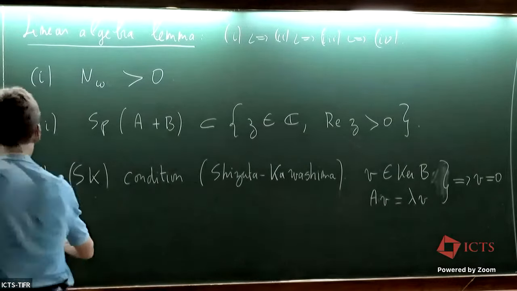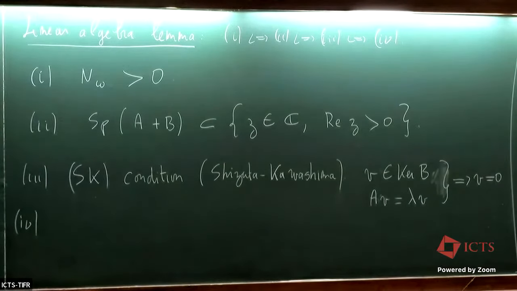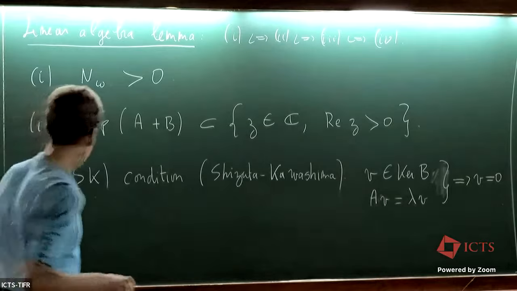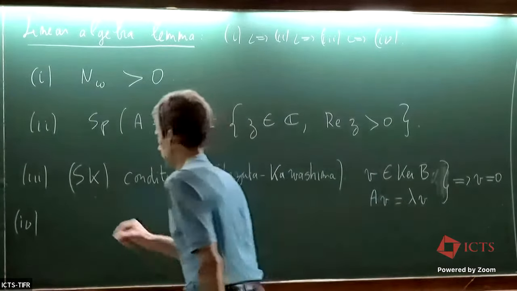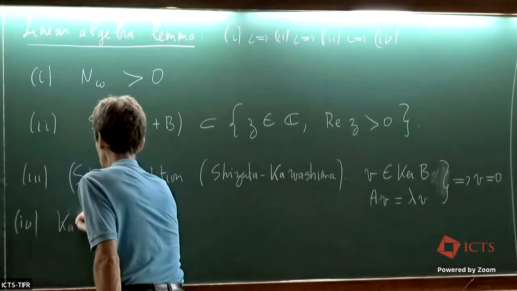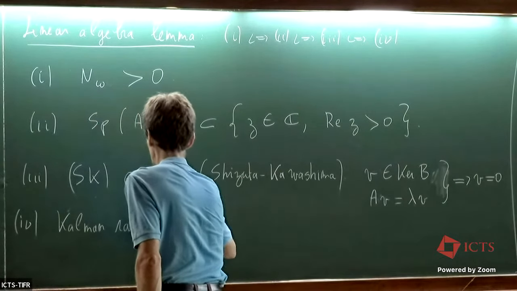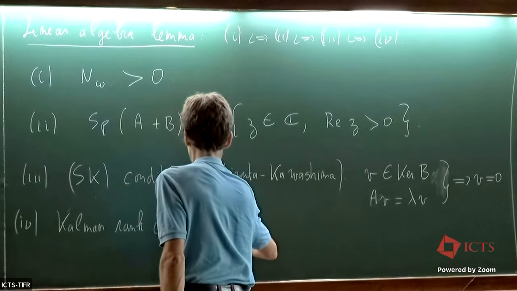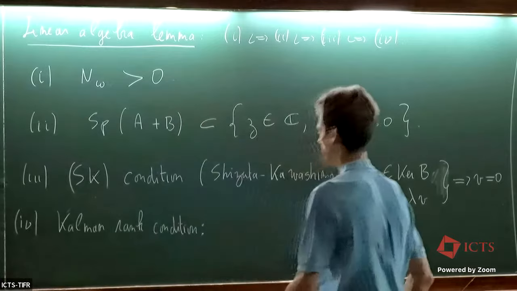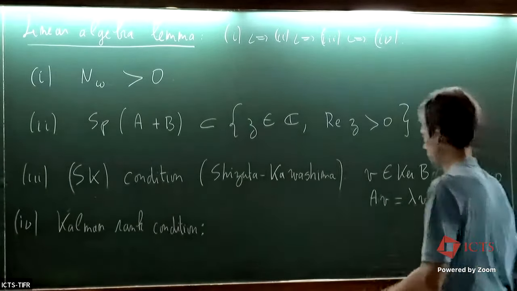And the last condition, the one which was in fact pointed out by Beauchard and Zuazua in their paper, is the relation with control theory. It is the so-called Kalman rank condition, which is a usual one.